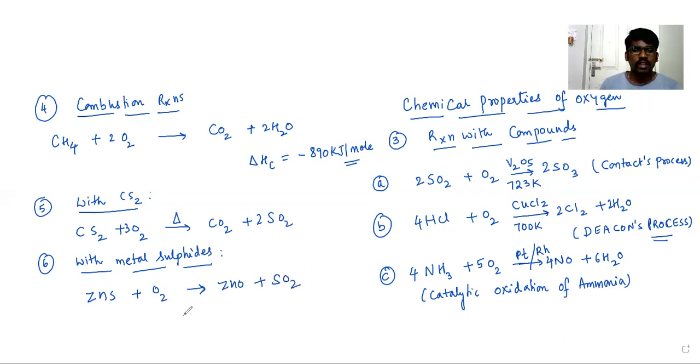If you balance it, ZnS plus 3O2 gives 2ZnO and 2SO2. So with metal sulfides like zinc sulfide, oxygen reacts to produce ZnO and sulfur dioxide also.